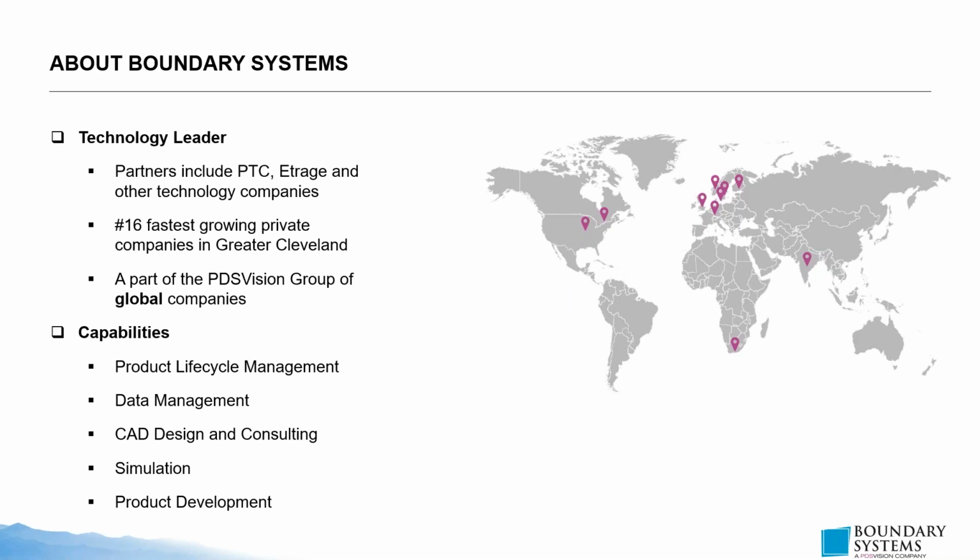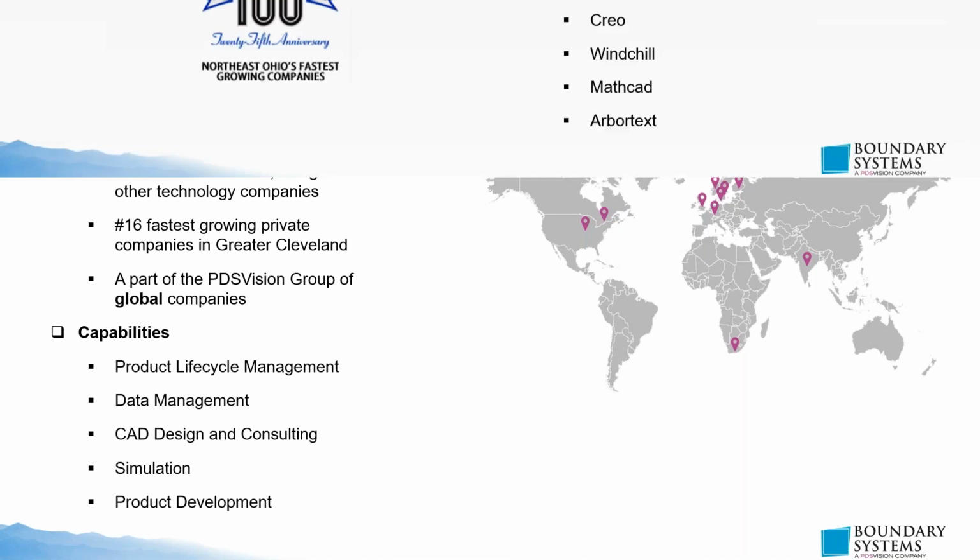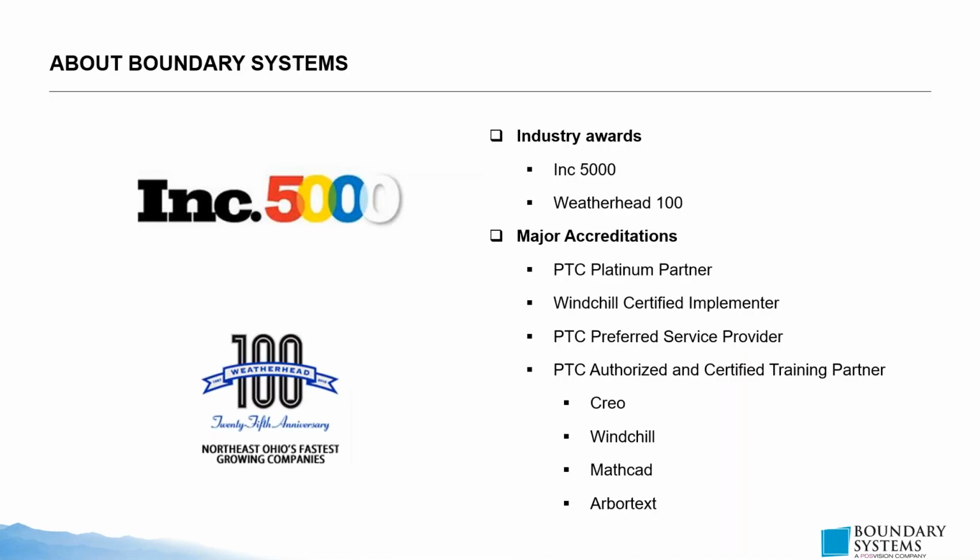Our capabilities are product lifecycle management, data management, which is delivered over the Windchill product. We also assist our customers in CAD design and consulting, simulation, and also with their product development.